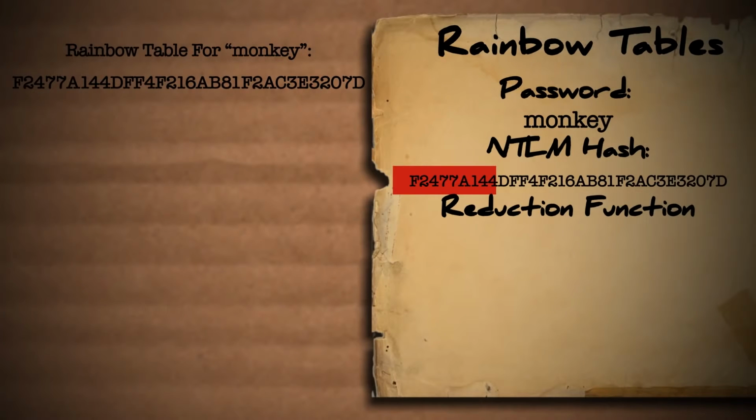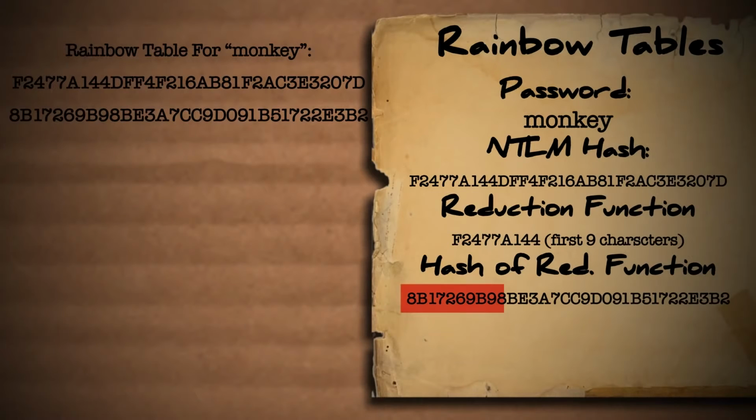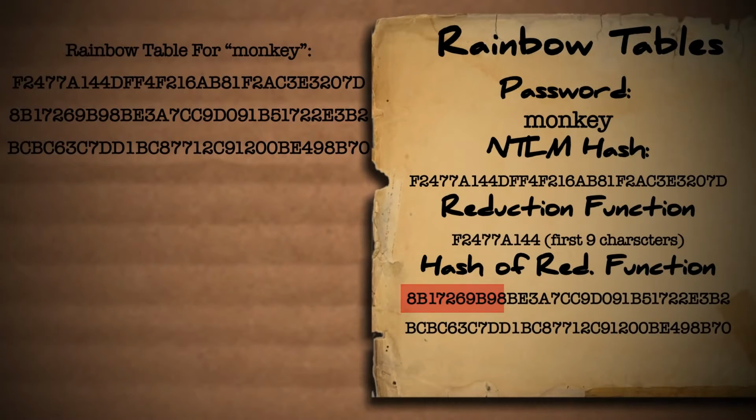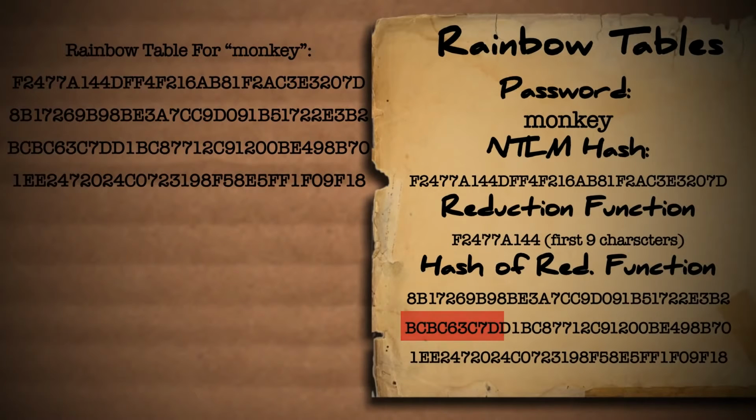Then the rainbow table will take a smaller pattern within the original hash, known as a reduction function, and search for that instead of searching for the entire hash. The benefit to this is that it can be a lot faster, assuming you have enough memory to store all the hashing functions. And you can find rainbow tables to use by searching for them on Google. So with that, you now have 3 different options to try and crack other hashing algorithms.